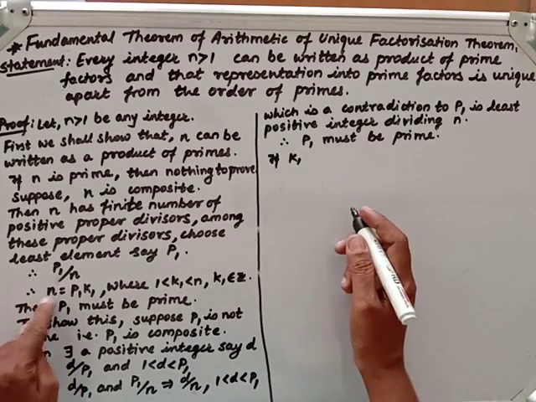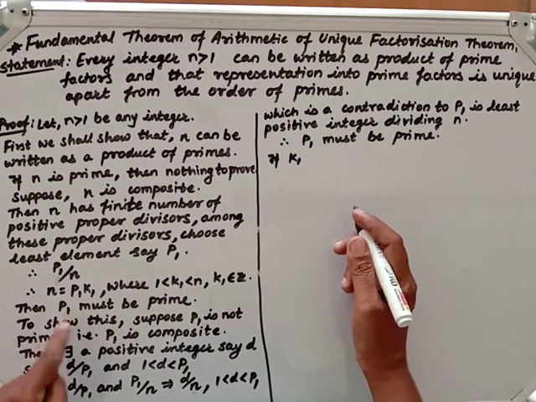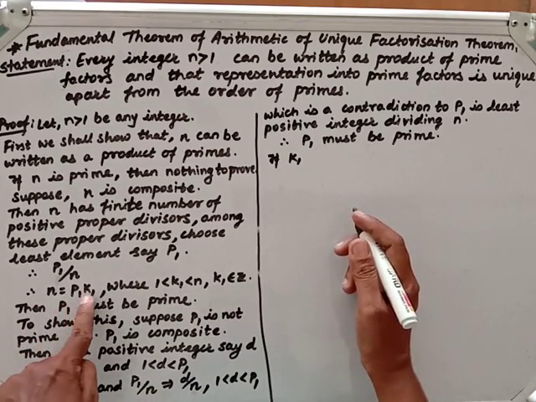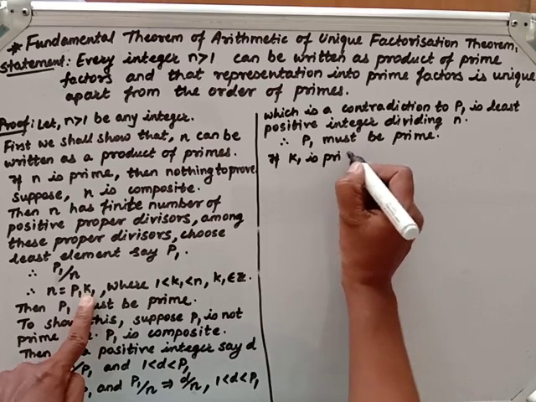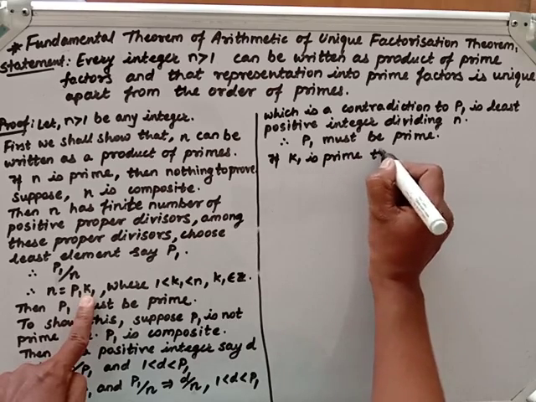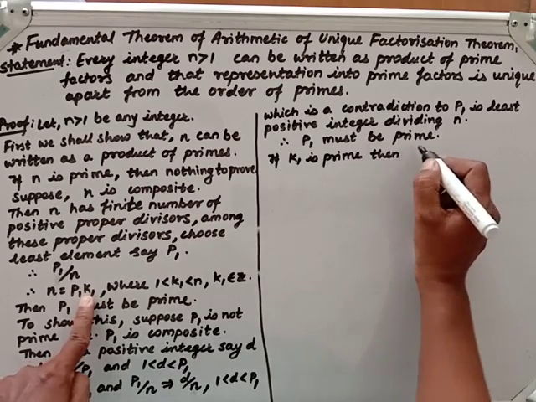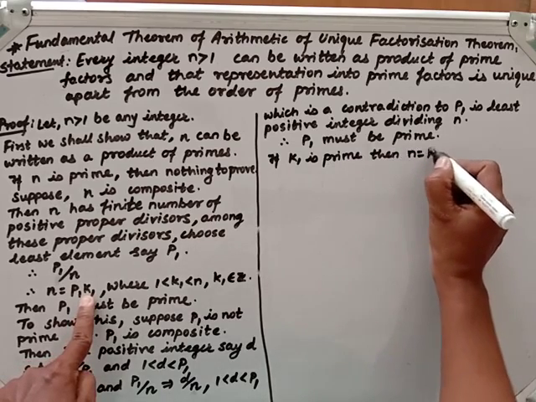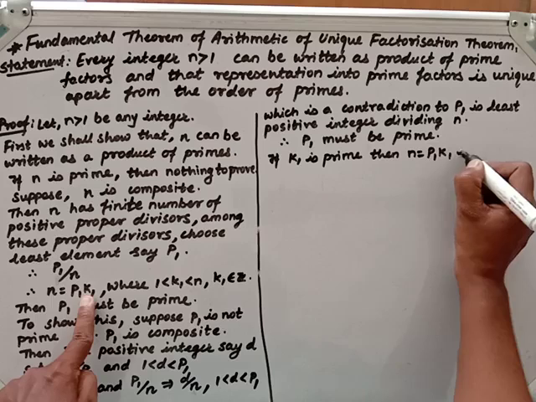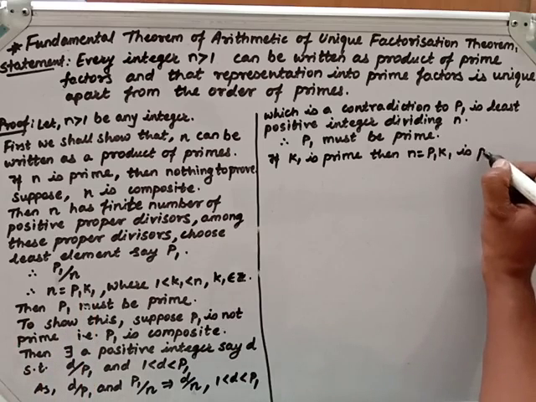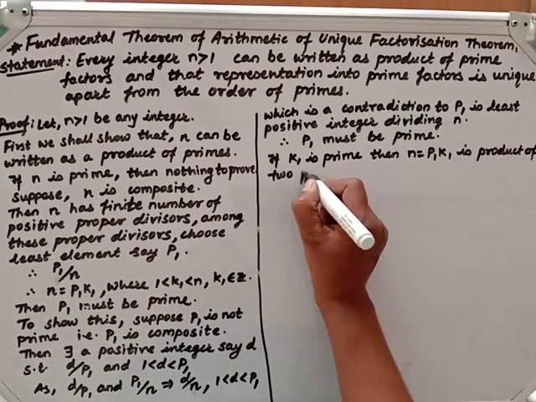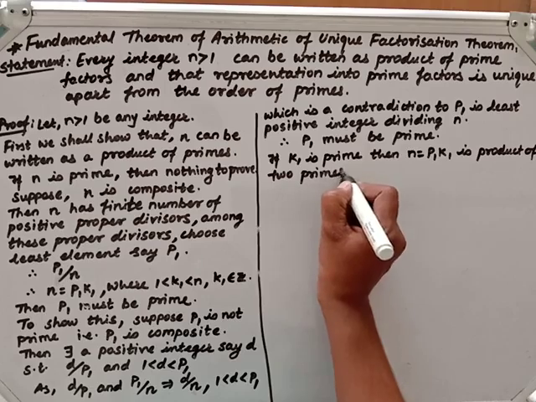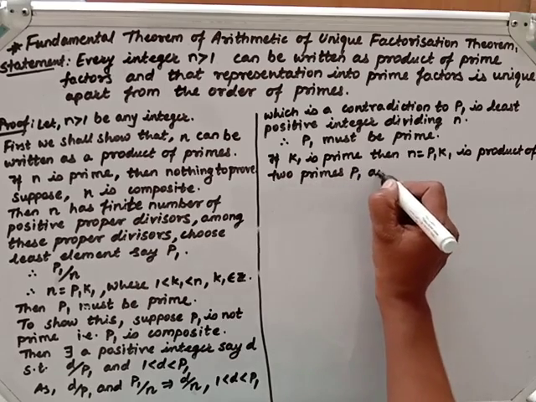Now, as P1 is prime, n is written as P1 times K1. We have proved P1 is prime. Now what about K1? If K1 is prime, then n equals P1 times K1, a product of two primes, P1 and K1.